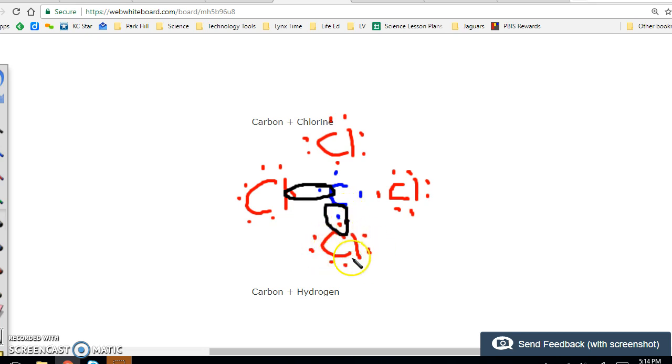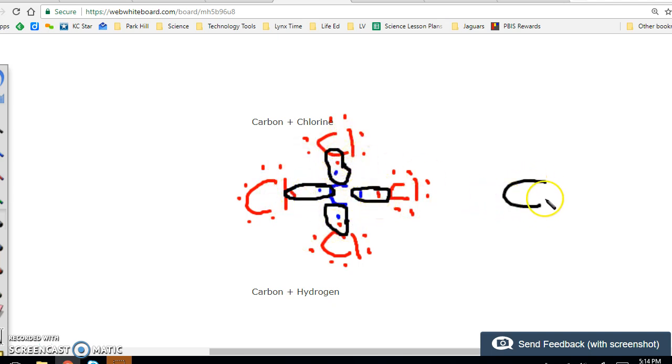This chlorine has 8. Again, carbon shares 1 with this chlorine, and this one has 8. Again, 1 with this chlorine. So all 4 of those chlorines have 8, and now carbon has 1, 2, 3, 4, 5, 6, 7, 8.